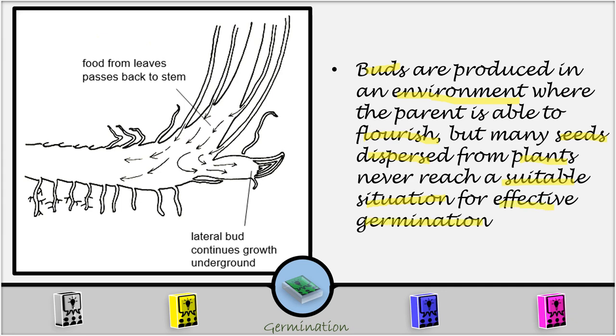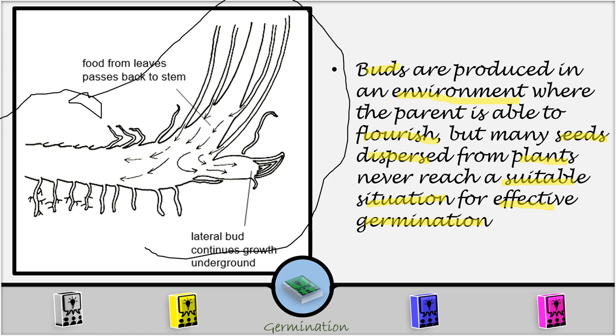So here we are seeing that our plantlet has been produced in an environment where the parent flourished, which means that this plantlet also will flourish in this place without any question, because the parent has grown in that space.